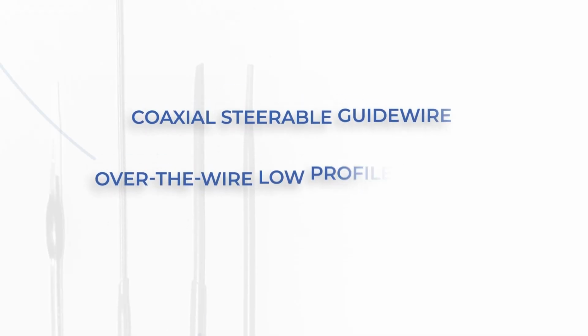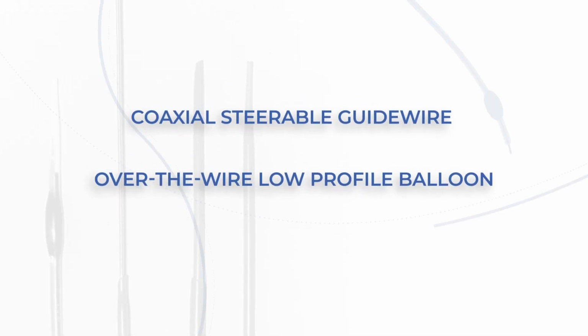John Simpson developed a new catheter system, a coaxial, stable guide wire with a very low profile balloon. In 1982 in Toulouse, John presented the first clinical results.